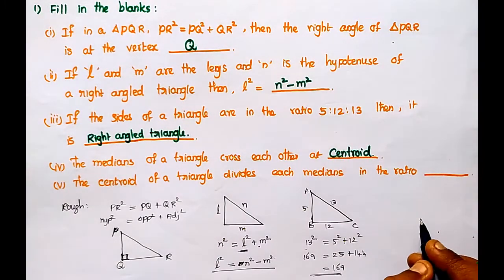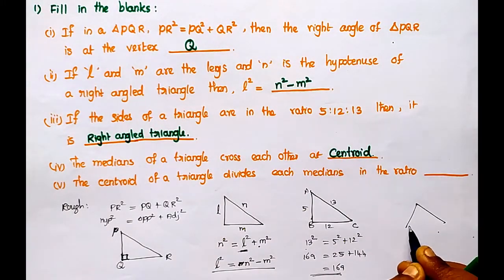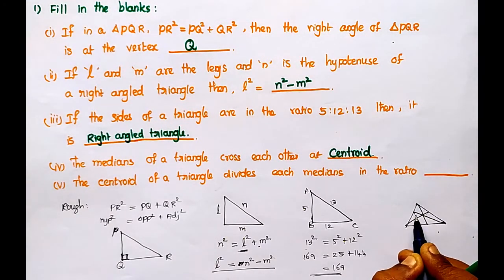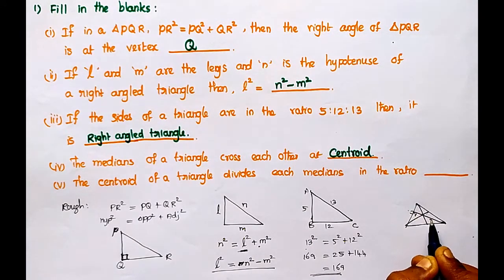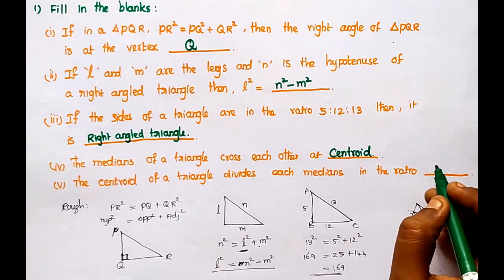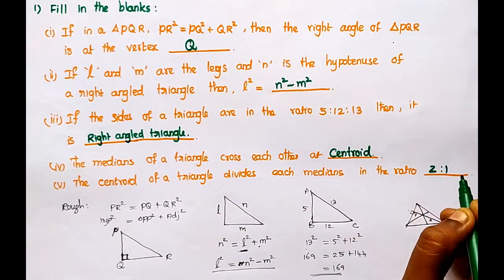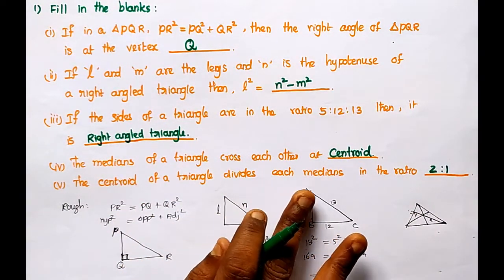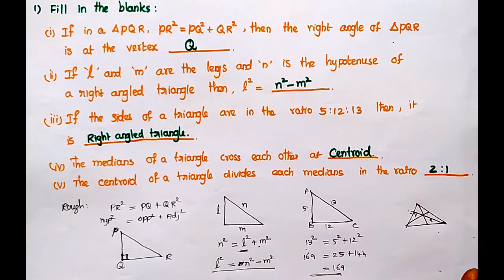Listen, centroid, each median, that is the median, no? So here 1 is 2. So 2:1. That is the centroid of a triangle divides each median in the ratio 2:1. That is the answer.